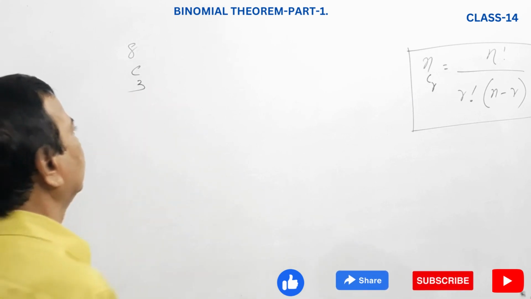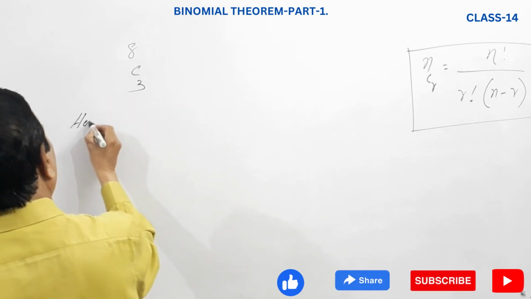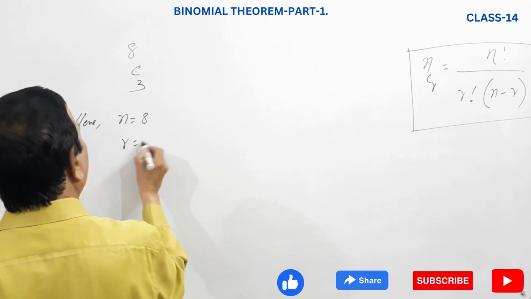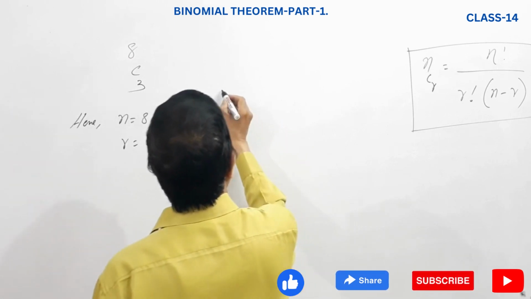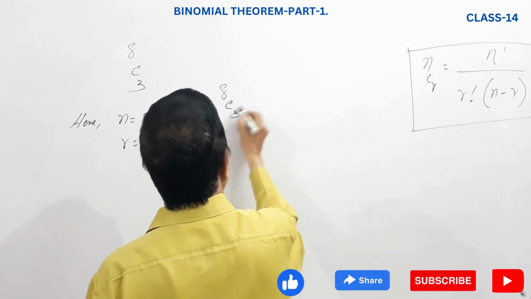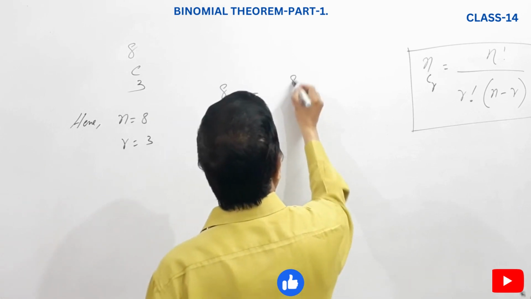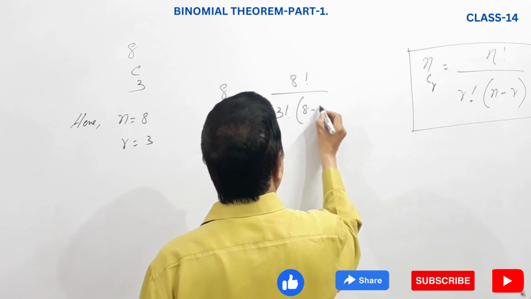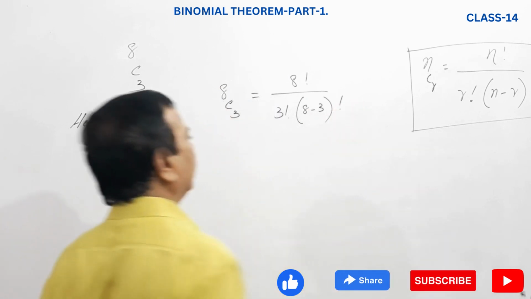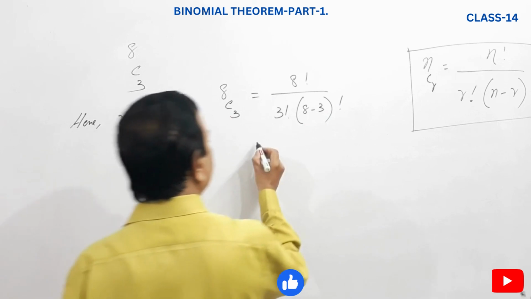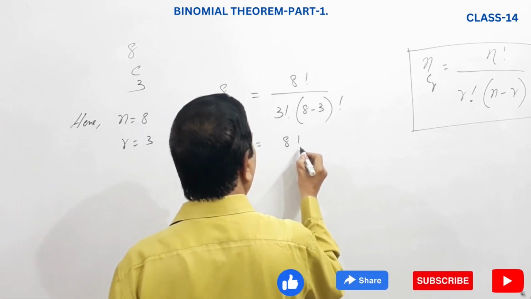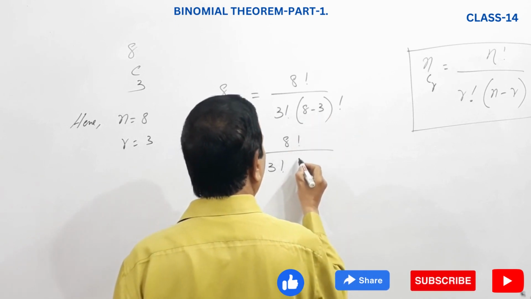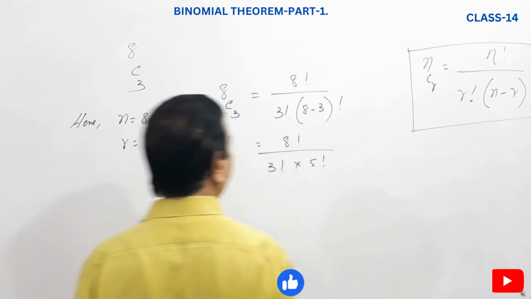Now 8 C 3. Here n equals 8, r equals 3. 8 C 3 equals 8 factorial by 3 factorial into (8 minus 3) factorial, that is 5 factorial.